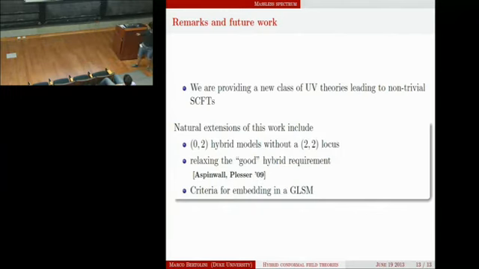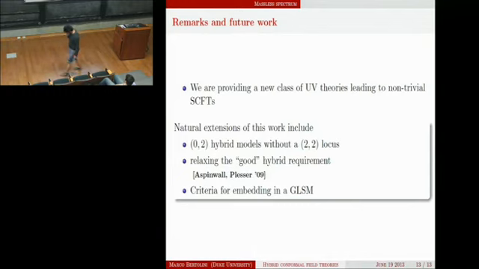I say in principle because we haven't yet built a model that is not obtainable as a particular phase of a GLSM. So one of the things one would like to do is ask: what are the criteria, if they exist, for such a model to be a special case of a GLSM?